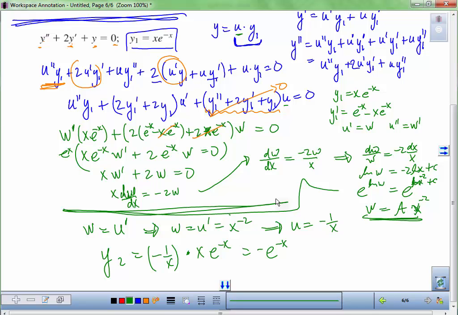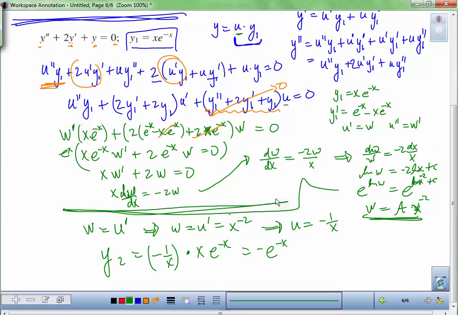Actually, the negative sign, like this constant over here that I just ignored, and like any other constant that might come up, we can just ignore that also. So our y2 of x would just be e to the negative x.